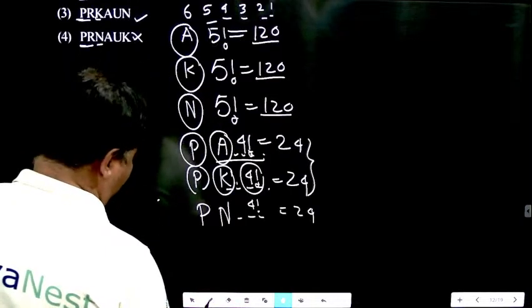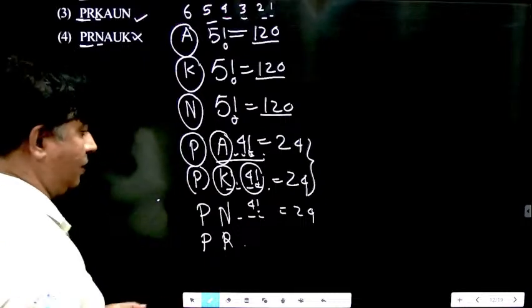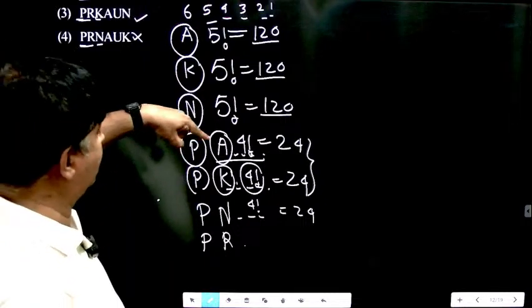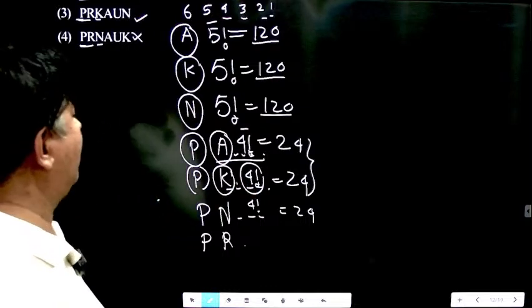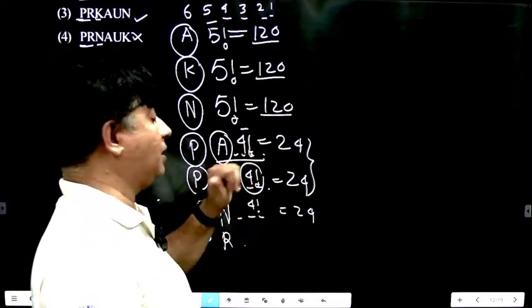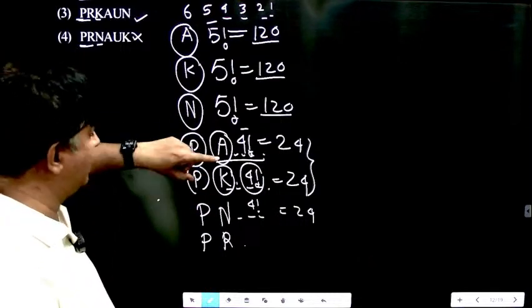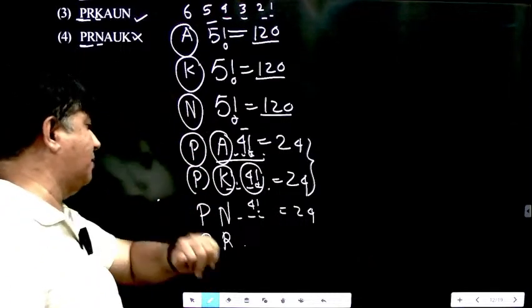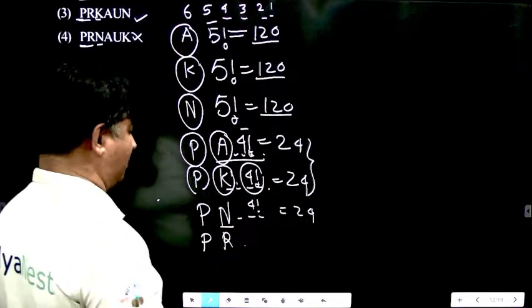One thing I missed out in the calculation. Got it? Keeping A fixed in the second position, I got factorial 4 number of arrangements. So the same thing would have been done with fixing K in the second position, and the same thing would have been done fixing N in the second position.